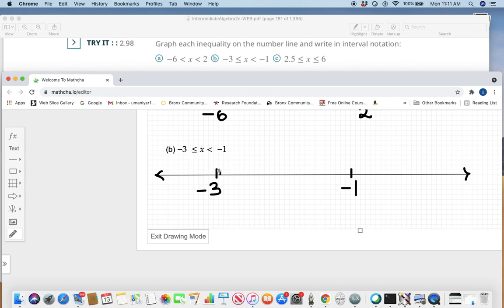-3 is included. -1 is not included. So it's not a filled in point. X is between these two endpoints.